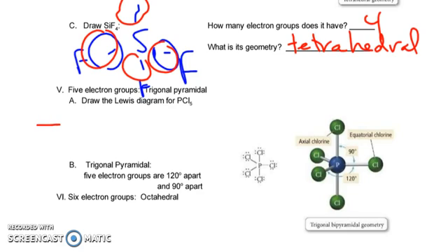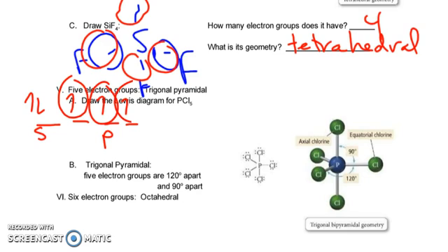Here's my S, here's my P for phosphorus. So if I show my orbital notation for phosphorus, there it is. But how many bonding sites do I have? I have 1, 2, 3. Golly, I need 5 bonding sites because I have 5 chlorines. Where does that next bonding site come from?